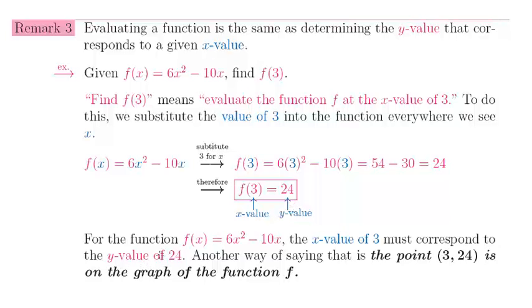This means that for the function f of x equals 6x squared minus 10x, the x value of 3 must correspond to the y value of 24. Another way of saying that is that the point 3, 24 lies on the graph of the function f.